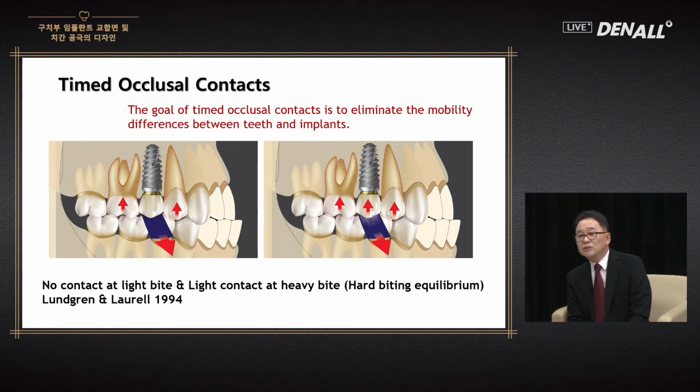Timed occlusal contacts means, as we know, that under light contact, shim stock should be able to be removed. Under hard bite, it says hard biting equilibrium. Under heavy bite, you should not be able to remove the shim stock.